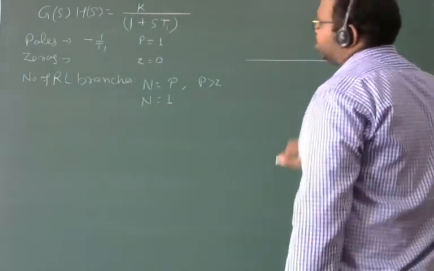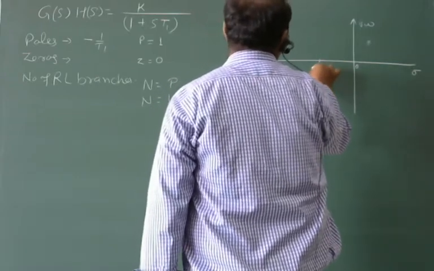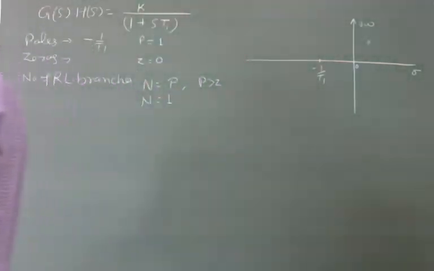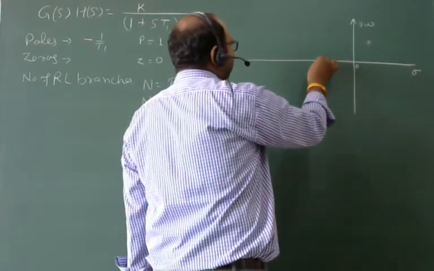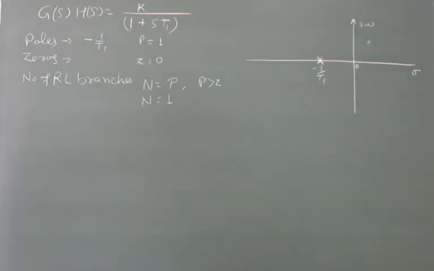So let us assume here I have minus 1 by T1, and at minus 1 by T1 I have a pole. Only one pole is there in this G(s)H(s).